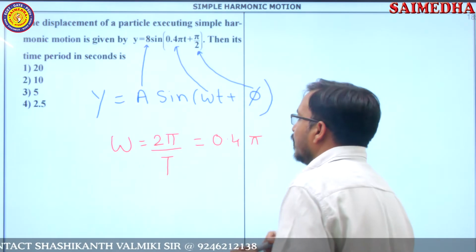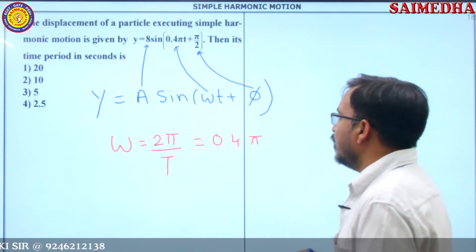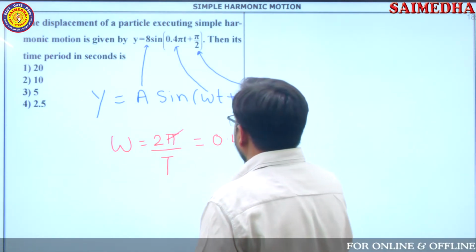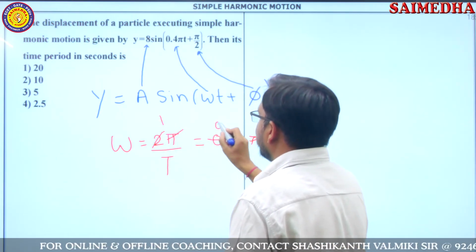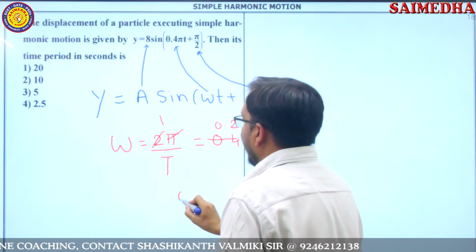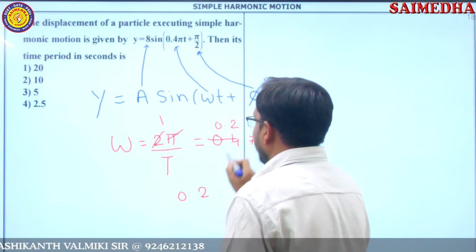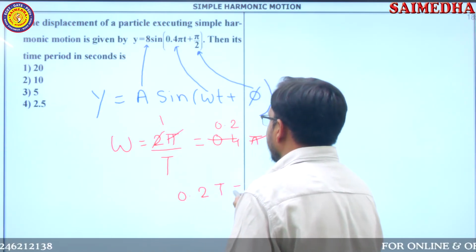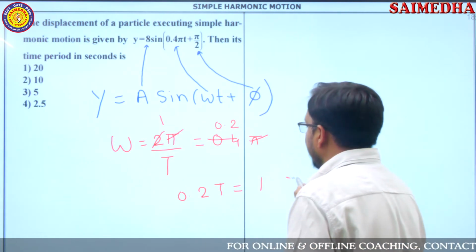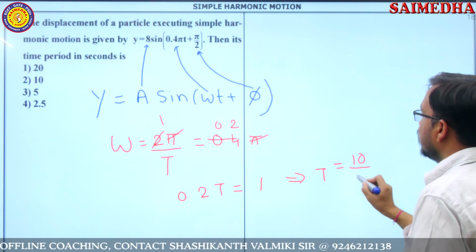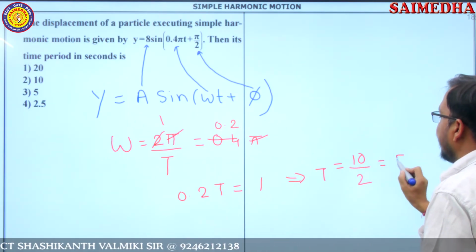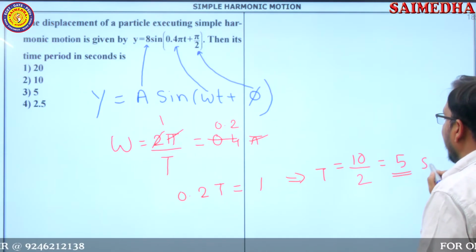Both sides pi will be cancelled. Then 2 by 0.4 is 0.2, so 0.2 into T equals 1. From that T equals 10 by 2. So the answer is 5 seconds.